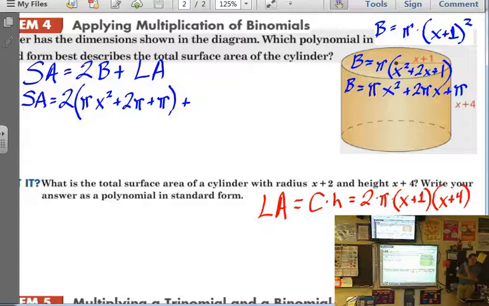So now I have a binomial times a binomial again. Solve on your paper what x plus 1 times x plus 4 would give you. Then simplify it with the 2 pi.